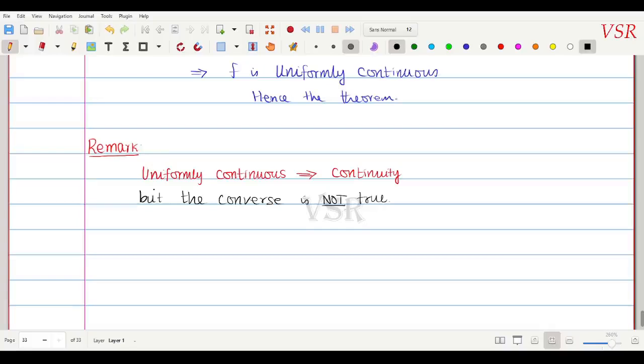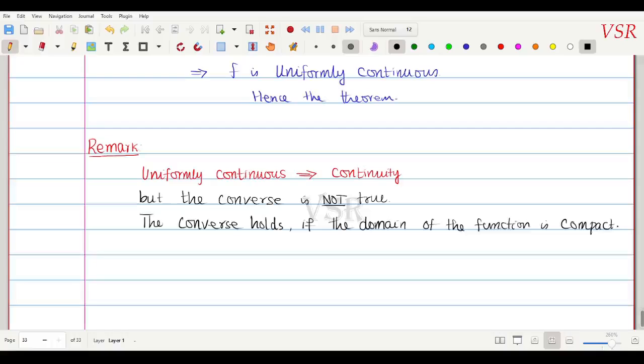So what does the above theorem say? The converse holds if the domain of the function is compact. This is what the previous theorem says: a continuous function on a compact domain is uniformly continuous.